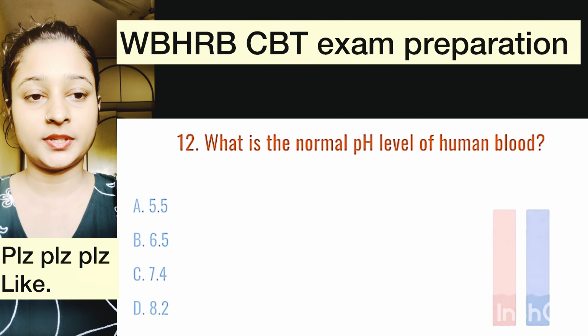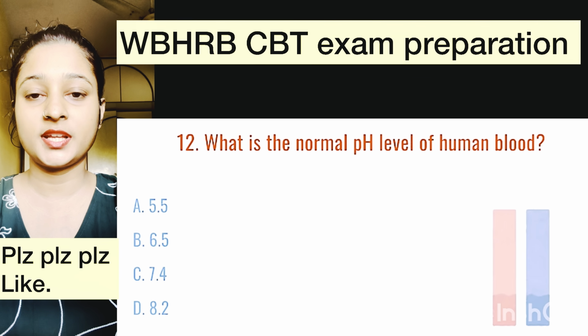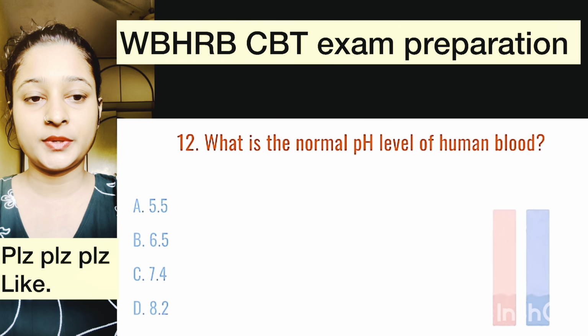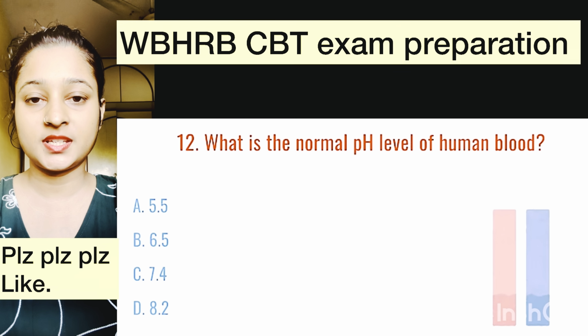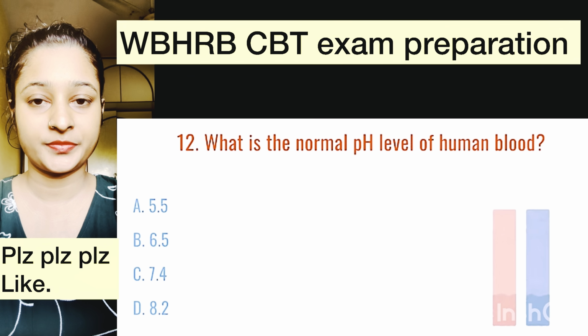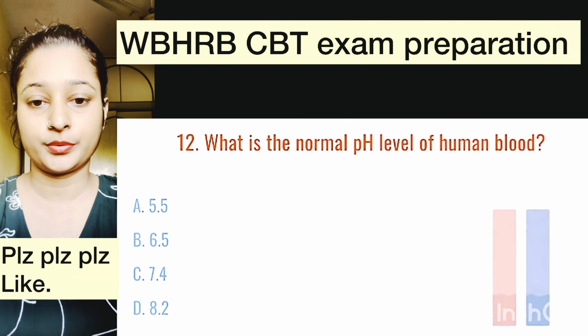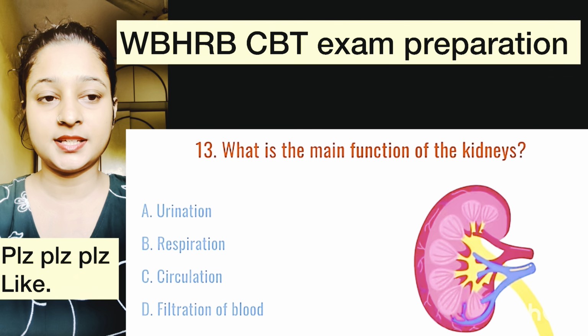Question number 12 is what is the normal pH level of human blood? Option A is 5.5, option B is 6.5, option C is 7.4 and D 8.2. Here correct option is option C, 7.4. Question number 13 is what is the main functions of the kidney?